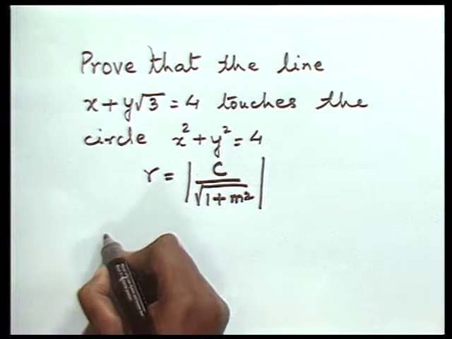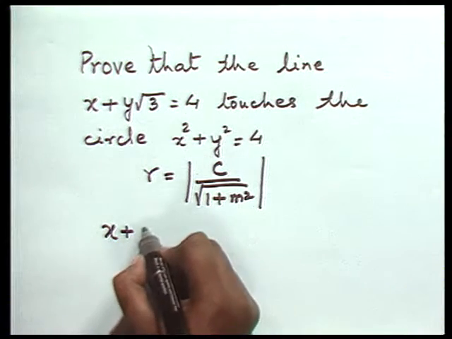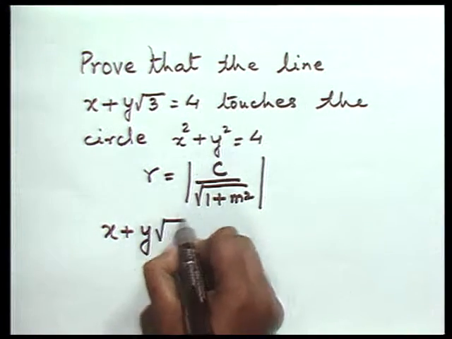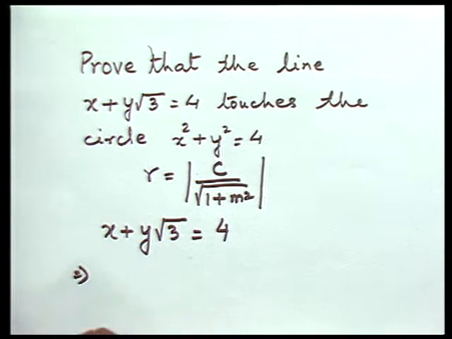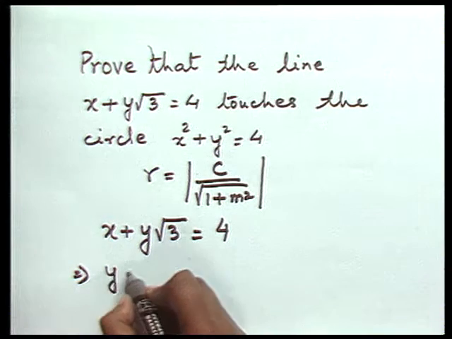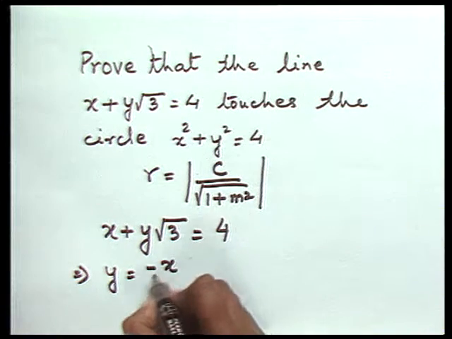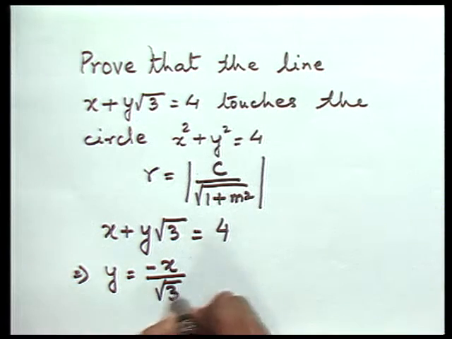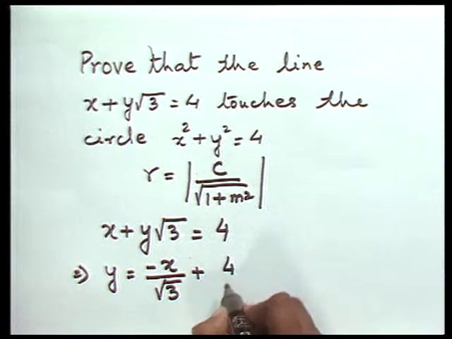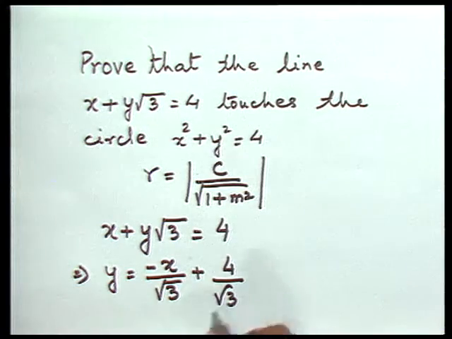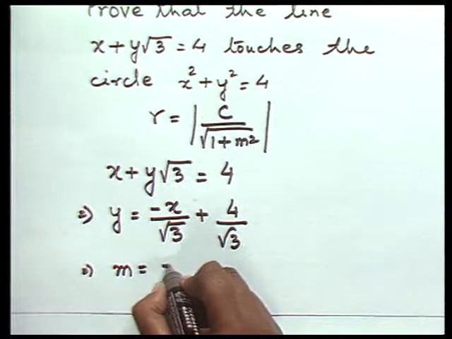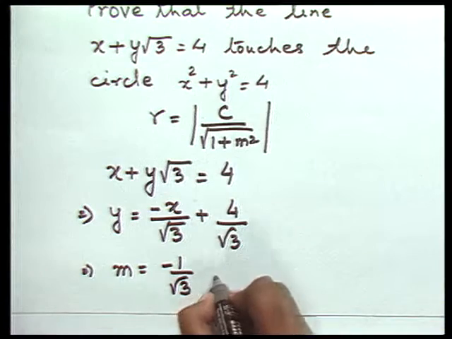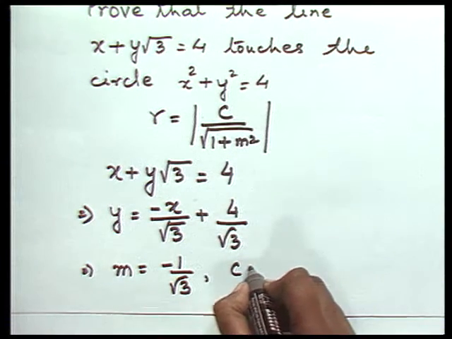Now, the equation of line is x plus y root 3 is equal to 4. That is right. And from here we can get the value of y as y is equal to minus x upon root 3 plus 4 upon root 3. So, this implies m is equal to minus 1 upon root 3 and c is equal to 4 upon root 3.